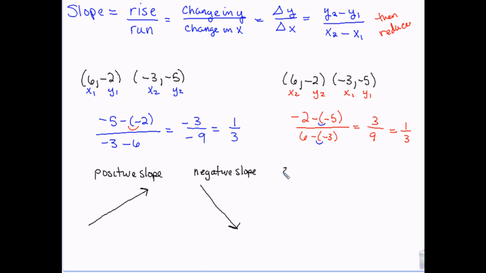And you have a slope of 0, so the slope actually equals 0, and that's a flat line. And then you have an undefined slope, and that one goes straight up and down.